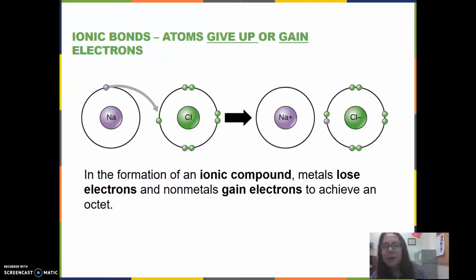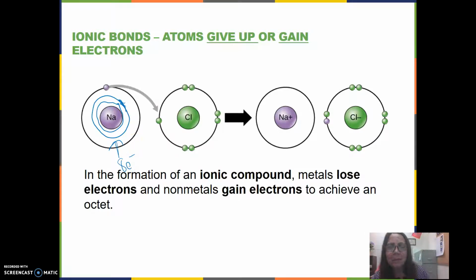So sodium, if you'll recall, has 2 electrons in its first energy level, and 8 electrons in its second energy level, and 1 electron in its third energy level. So if it were just to get rid of that 1 electron from its third energy level, its second energy level is already filled with 8 electrons.